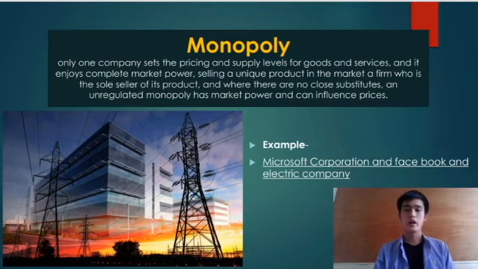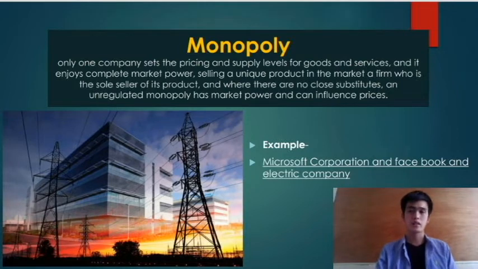An unregulated monopoly has market power and can influence prices. So when we say monopoly, there is one larger company controlling the market. They are the sole seller of their product, so they influence the setting of prices. They control the price and demand of their products.